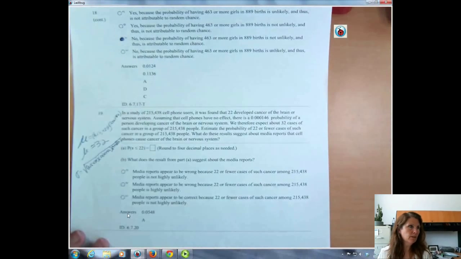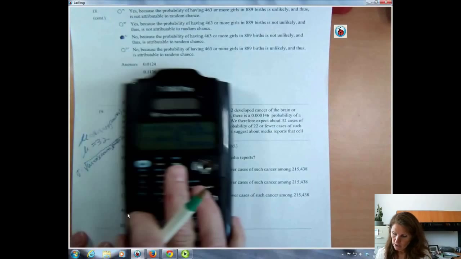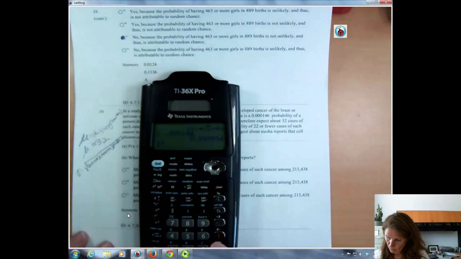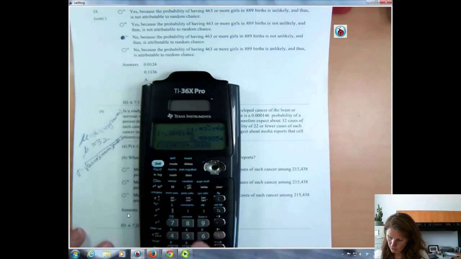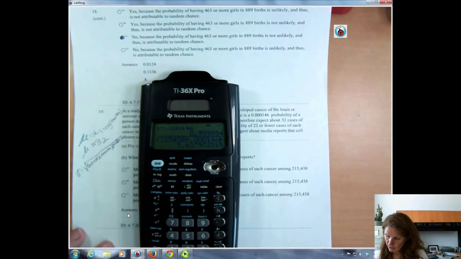That's going to give me my standard deviation. So I have second function square root of 215,438 times 0.000146 times 0.999854, and that gives me about 5.608.